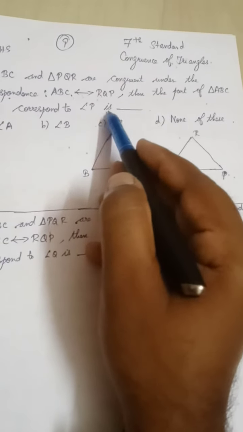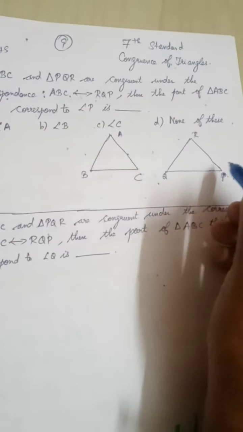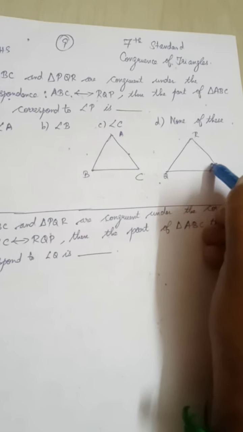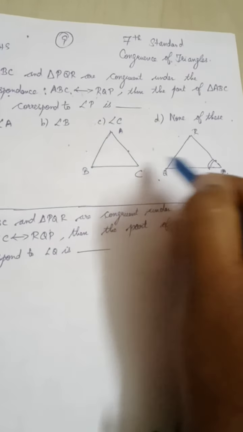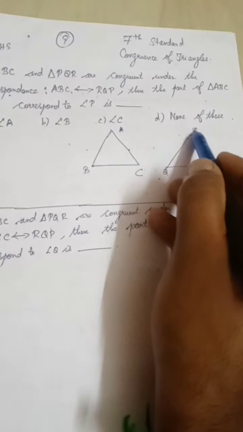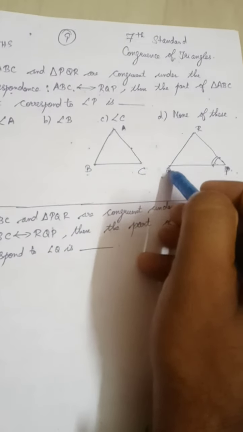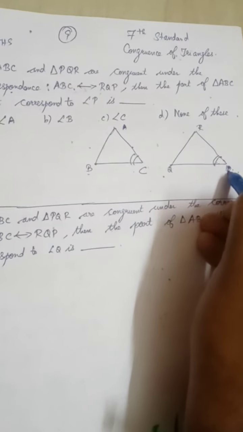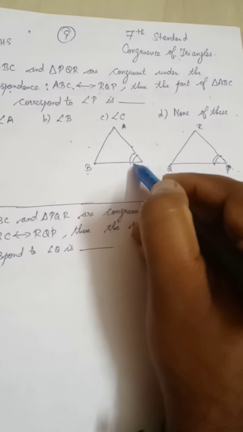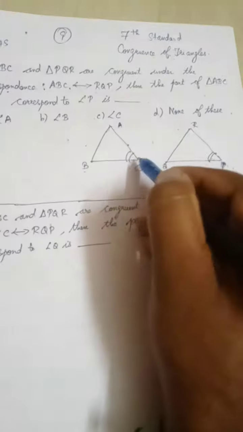That corresponds to angle P. This is angle P, so it corresponds to here. A corresponds to R, C corresponds to P, B corresponds to Q. So angle P corresponds to which angle? This angle.